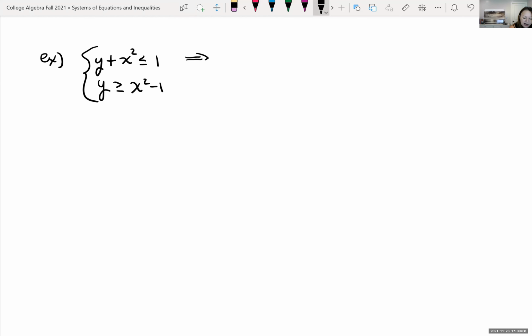So y is less than or equal to -x squared plus 1. You should know what that graph looks like from transformations of graphs. The negative in front of the x squared is a reflection across the x-axis, so our parabola is facing down, and the plus 1 shifts it up 1 unit.